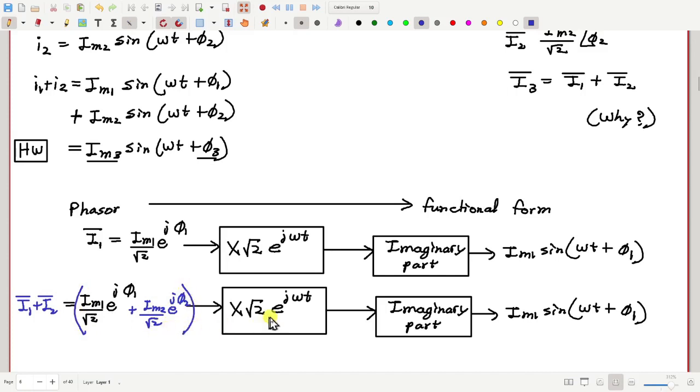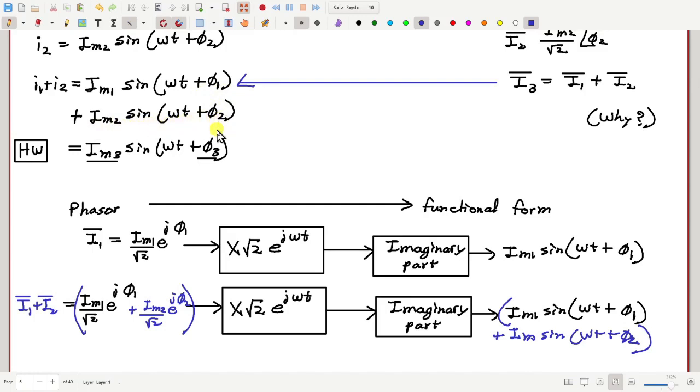You multiply this with root 2 e to the power j omega t and then take the imaginary part. I hope you can see what we are going to get. So the function corresponding to this phasor I1 plus I2 is Im1 sin omega t plus phi 1 plus Im2 sin omega t plus phi 2.